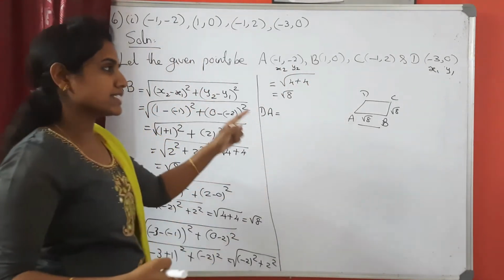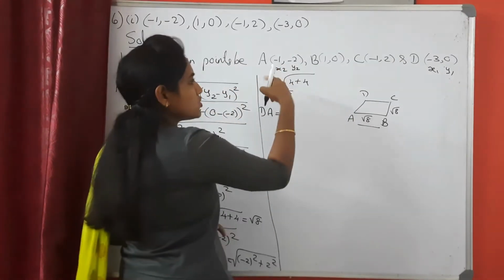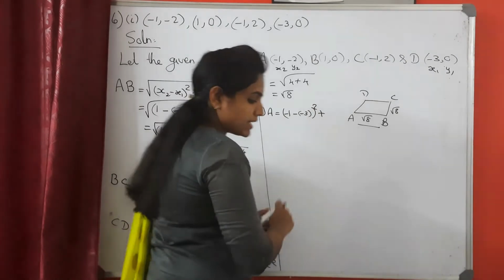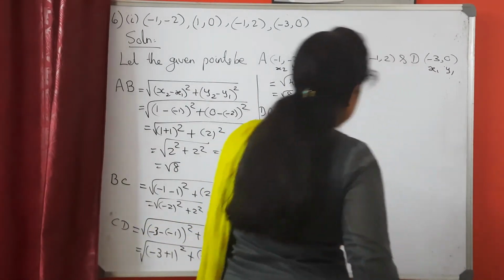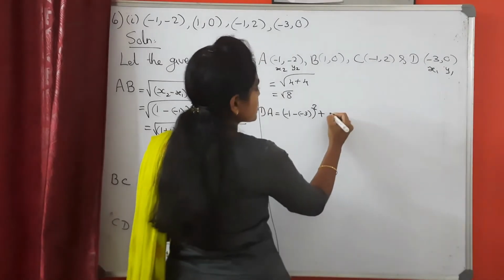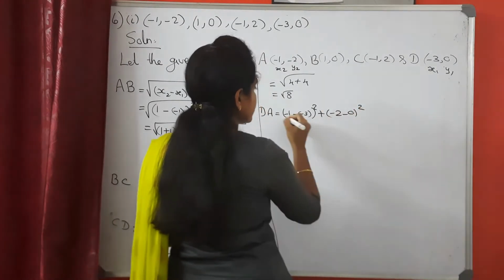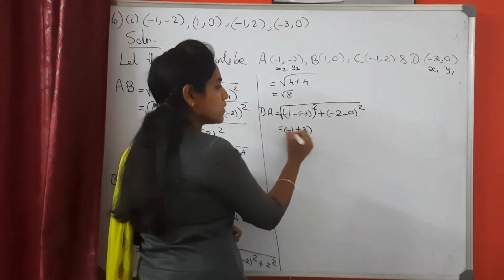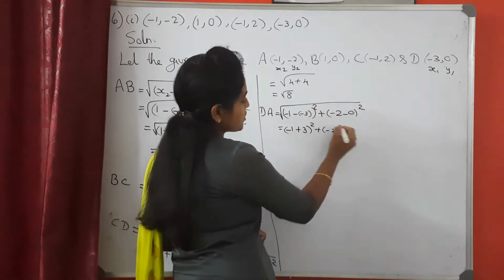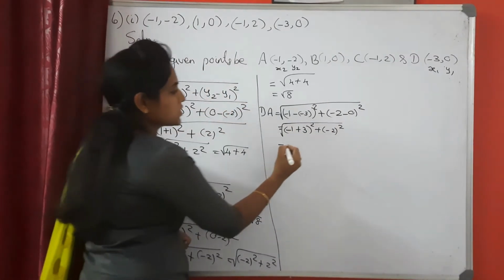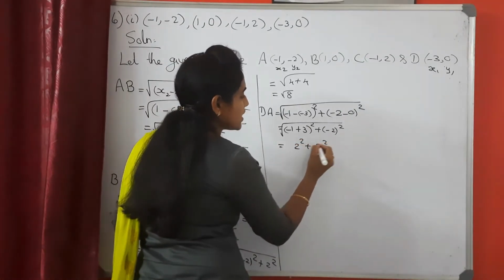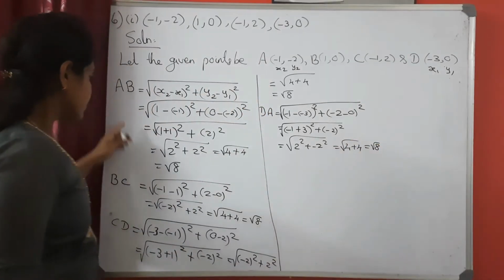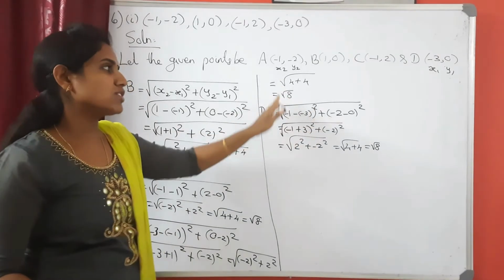Apply the values in the distance formula: root of (-1 minus (-3)) the whole square plus (-2 minus 0) the whole square, which is equal to 2 square plus (-2) square, equal to 4 plus 4, equal to root 8. See, now we see all four sides are equal, root 8.